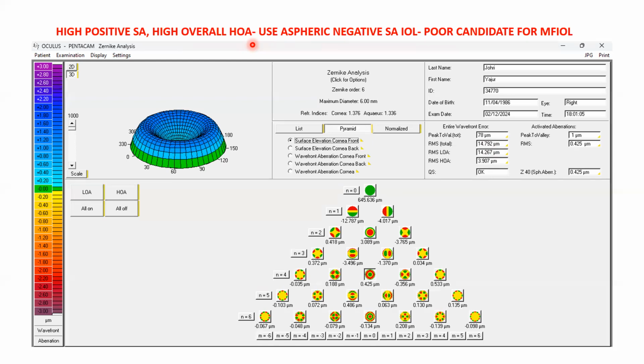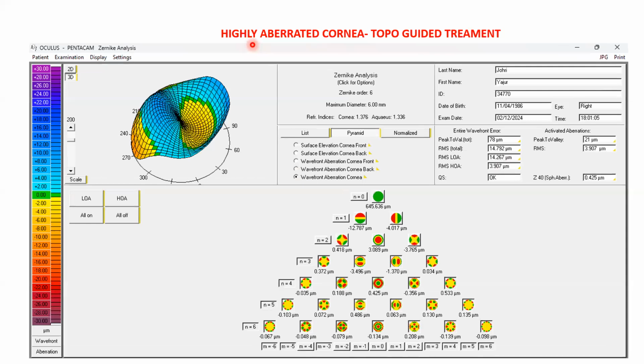Also, this patient is a poor candidate for multifocal IOLs because the cornea is highly aberrated. If the patient were to undergo any refractive procedure, it has to be a topo guided treatment because the RMS value is off the charts.